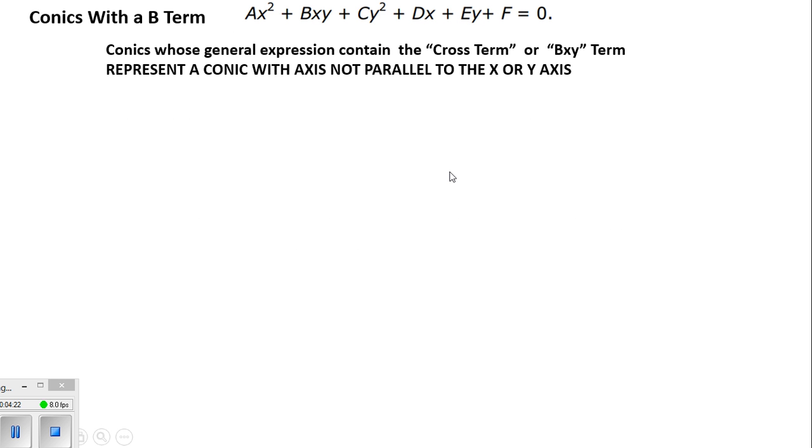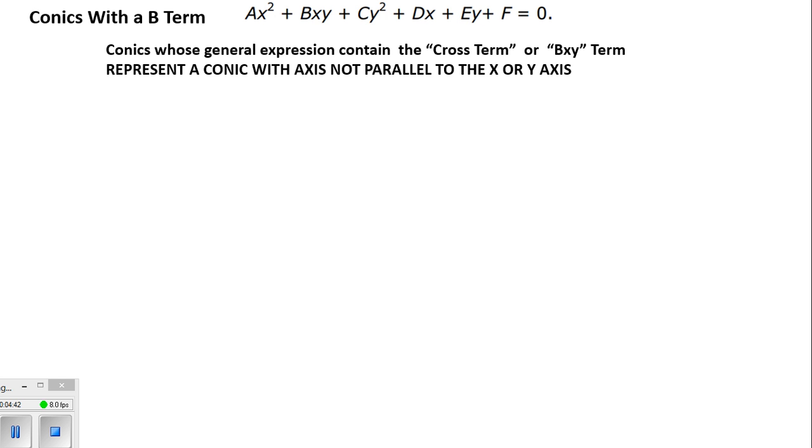So what about conics with the B term? They look more like this. This is the more generalized expression that most books will use, and then do the subcategory where B is equal to 0. Any conic, whether it's a circle, ellipse, hyperbola, or parabola, will have this form.